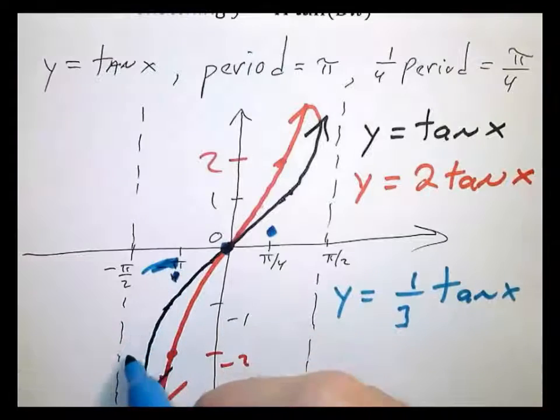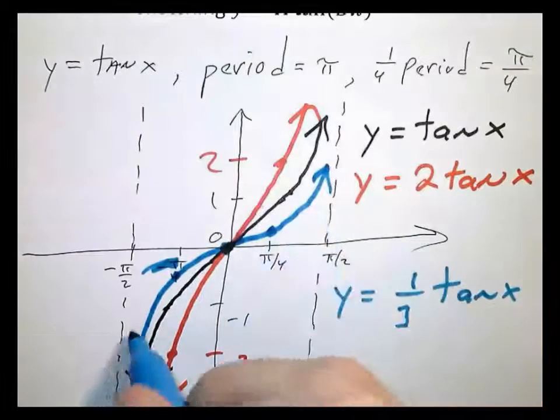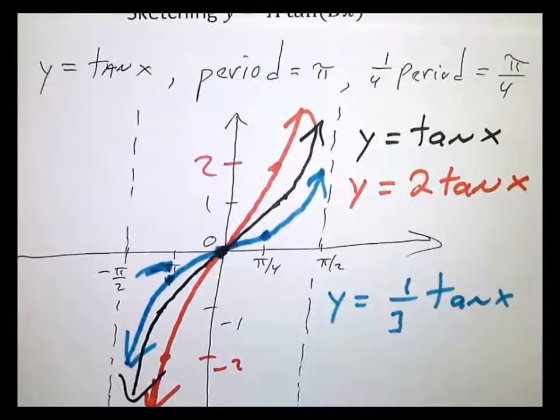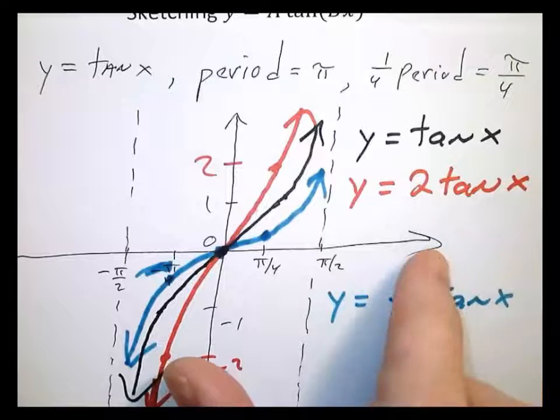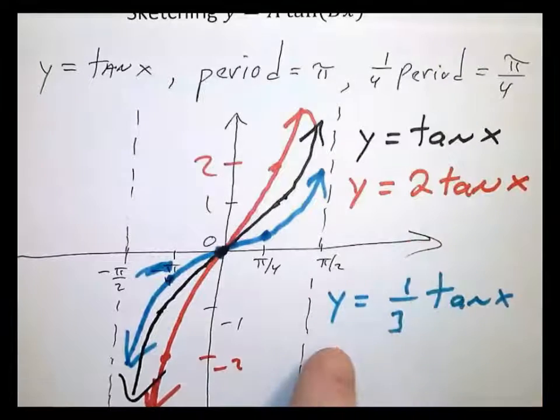And so my graph is going to look something like that. So basically, the thing that A does, if A is positive, is stretch or shrink the graph depending on whether A is bigger than 1 or less than 1. The 2 here is stretching the graph vertically by a factor of 2. The 1/3 is shrinking the graph by a factor of 1/3.